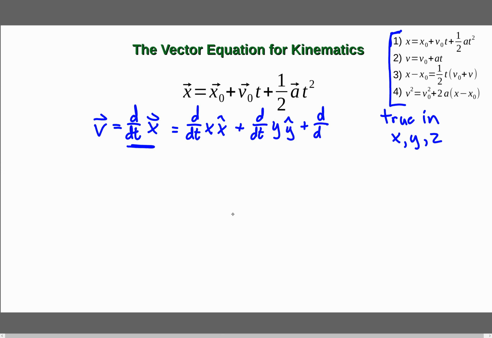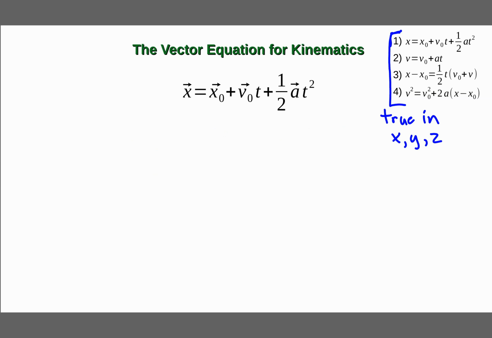And we have the derivative of the z component with respect to time. And that will give us this vector velocity with components in the x, y, and z directions. And then if we want acceleration, we do the same thing to that velocity vector to get the acceleration.